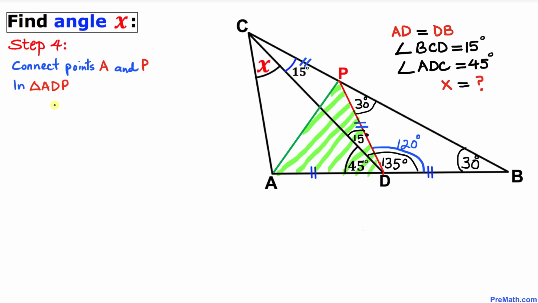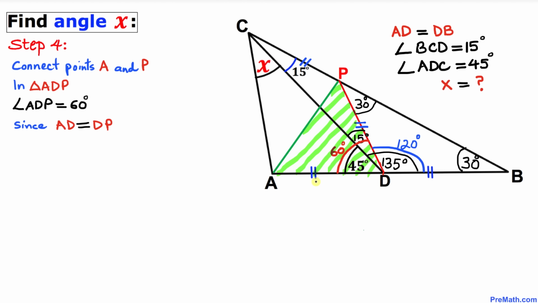And now let's focus on this triangle ADP. We can see that this whole angle ADP is equal to 45 degrees plus 15 degrees. That is going to make it 60 degrees.